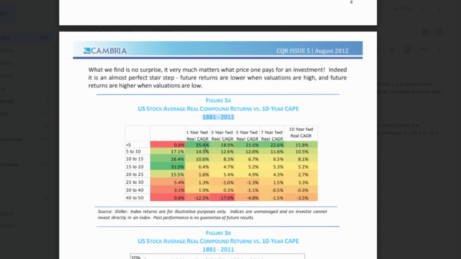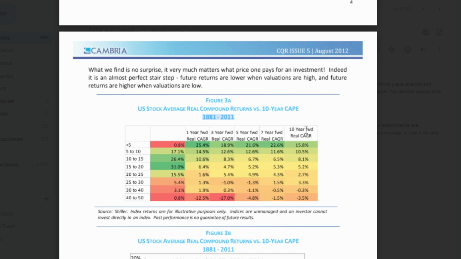But on the opposite side, if you buy between 40 and 50, next year you will expect a minus 12% return. On the next 3 years, you will expect a minus 17, and so on.